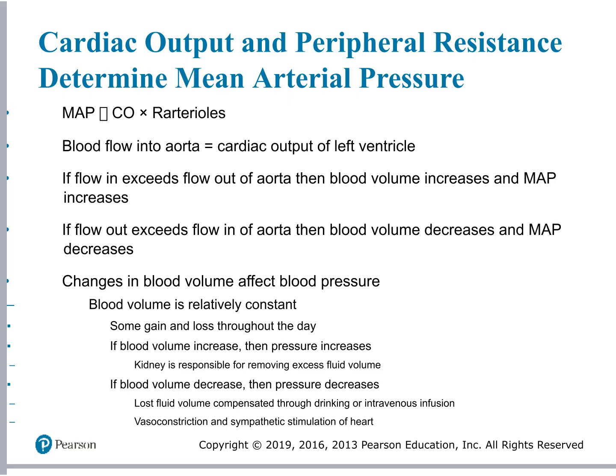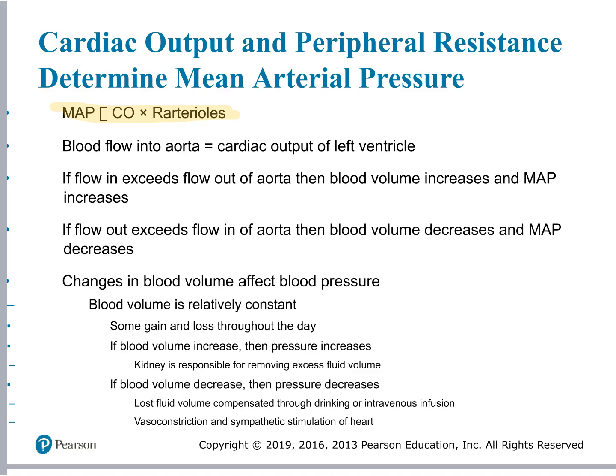There is a very important formula on this picture, and it's right here. The mean arterial pressure is proportional to cardiac output times the resistance in the arterioles. Now, for some reason, when I uploaded this PowerPoint onto the program I'm using to record this lecture, it didn't show the little symbols on here.